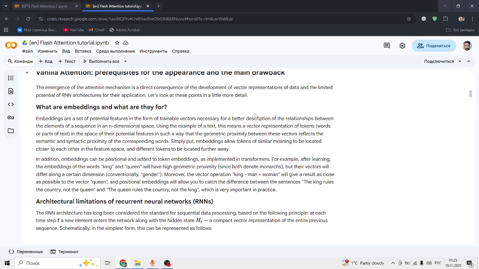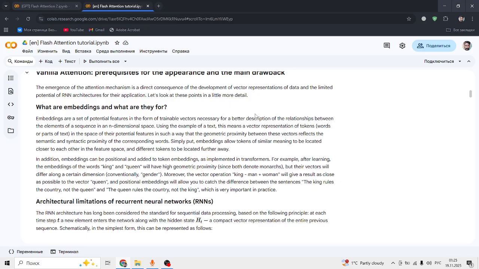Maybe it sounds hard, but simply put, embeddings allow tokens of similar meaning to be located closer to each other in the feature space, and different tokens to be located further away. And in addition, embeddings can be positional, and in practice they are very often added to token embeddings.